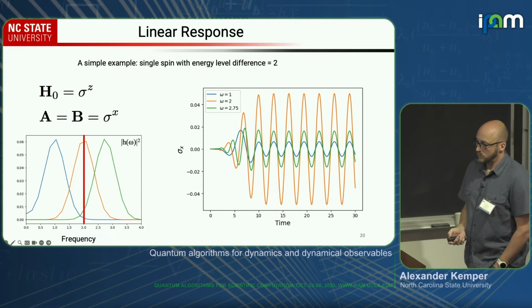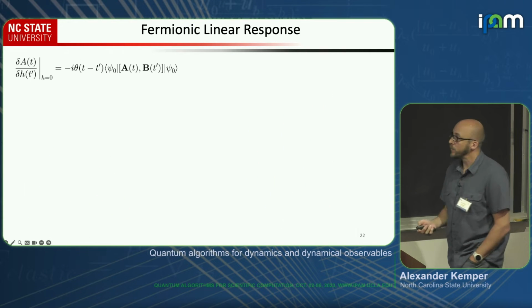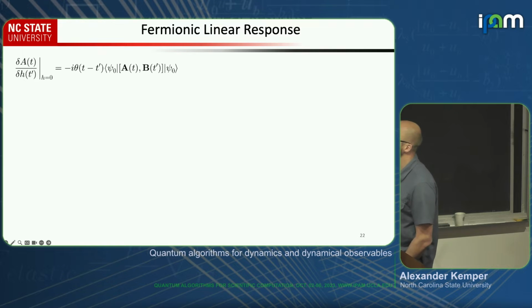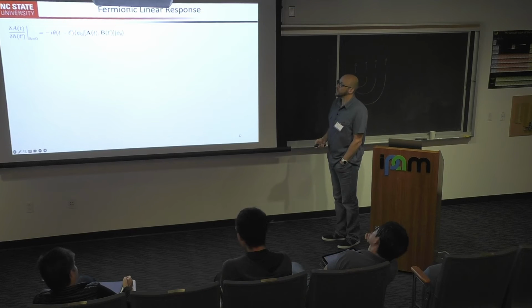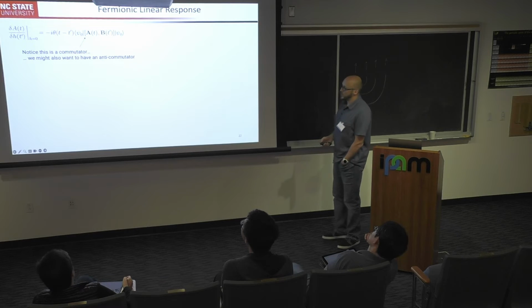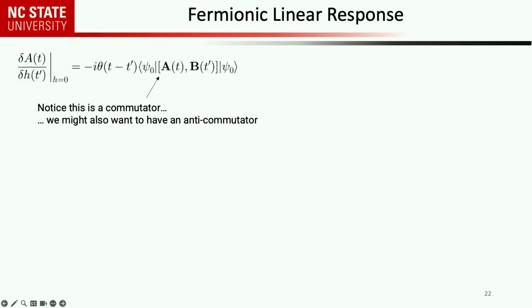OK. What else can I do? So this is what this method gives you. That's a commutator, so it comes with a minus sign in between. I might also want to have an anti-commutator. Why? Well, just now in the talk before us, there was a bunch of discussion about fermion signs and these kinds of things.